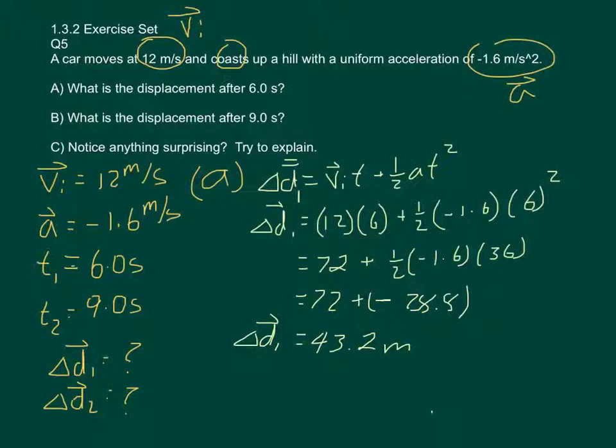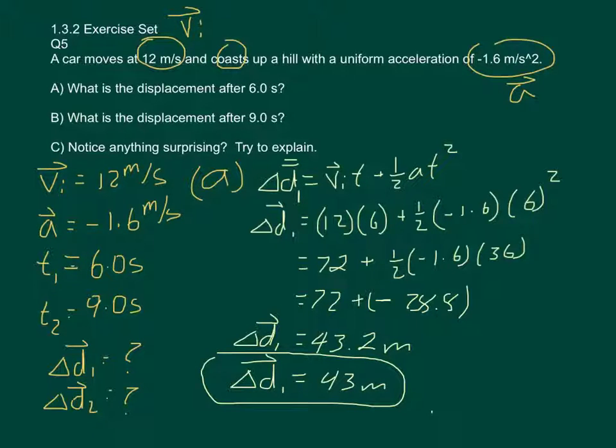Sig figs, we go back and look, we see we only have 2, so in fact our answer for part A is displacement equals 43 meters. Write your statement: the vehicle has traveled 43 meters after 6 seconds.